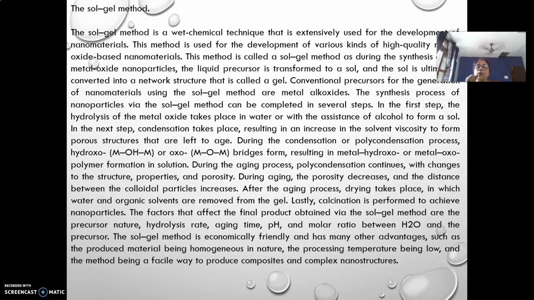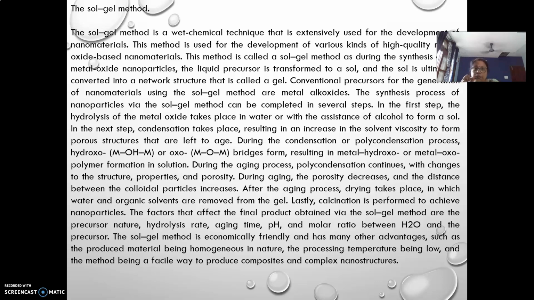In the next step, we allow the solvent to evaporate or go out from that solution phase, and immediately when the solvent starts leaving, it goes into the condensation phase. When you decrease the amount of solvent in the material, it goes on condensing gradually, and when the solvent leaves, immediately a porous structure will be formed.